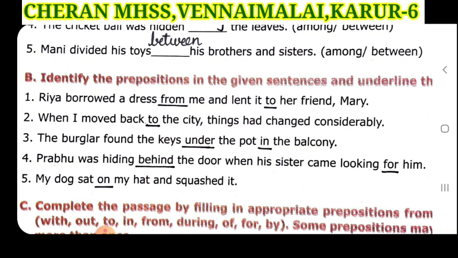Second one, when I moved back to the city, things had changed considerably. Third one, the burglar found the keys under the pot in the balcony. Fourth one, Prabhu was hiding behind the door when his sister came looking for him. My dog sat on my hat and squashed it.